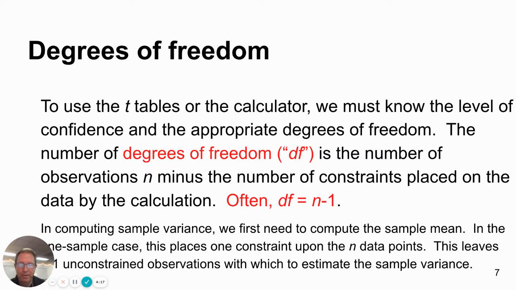The sample statistic S varies from sample to sample, introducing uncertainty into our attempt to model the sampling distribution of X bar. The increased uncertainty means that our margins of error need to be bigger to allow for that additional uncertainty. The T distribution takes this additional uncertainty into account. That is why we use T distributions. T distributions have fatter tails than normal distributions to take into account this added uncertainty.